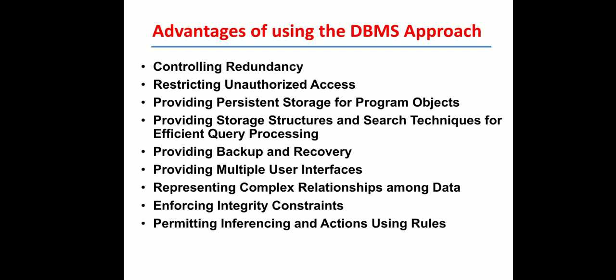Then the seventh advantage is representing complex relationships among the data. A database may include a numerous variety of data that are interrelated in many ways. Suppose each table can have its subtables, and there can be a number of tables that are related to each other.